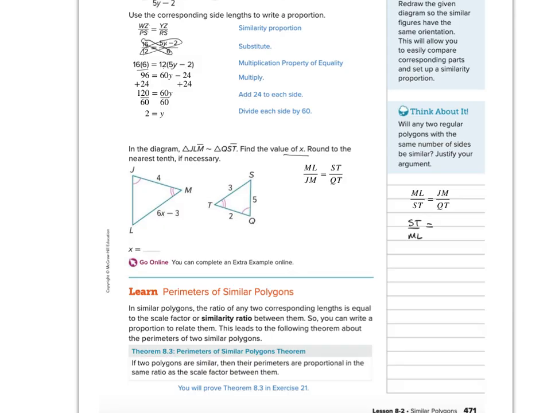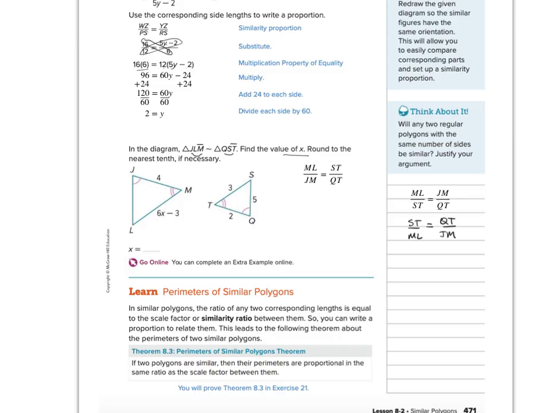ST over ML. And then we're looking at JM, so we would have QT over JM, because that's the value I have over here. So JM, QT, that would be the new over the old ratios. Either way, we are going to get the same values, but I wanted to be more consistent.